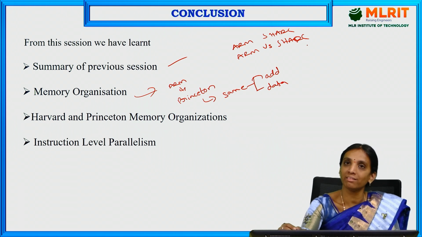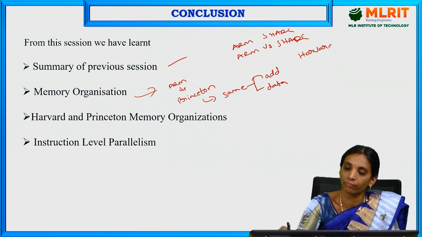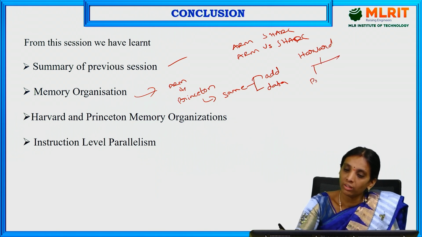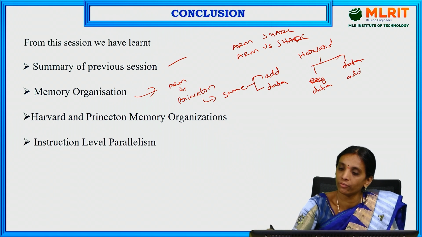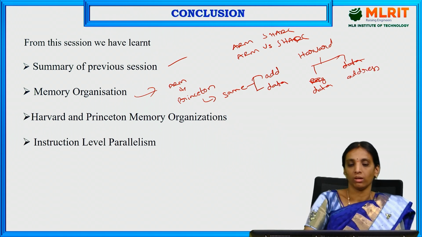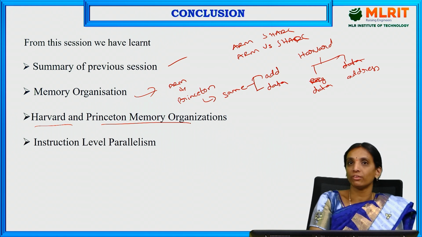Recent, newer versions of ARM processors utilize the Harvard architecture, which indicates that different memories are used for data and address. So what is meant by Harvard architecture? What is meant by Princeton organization?